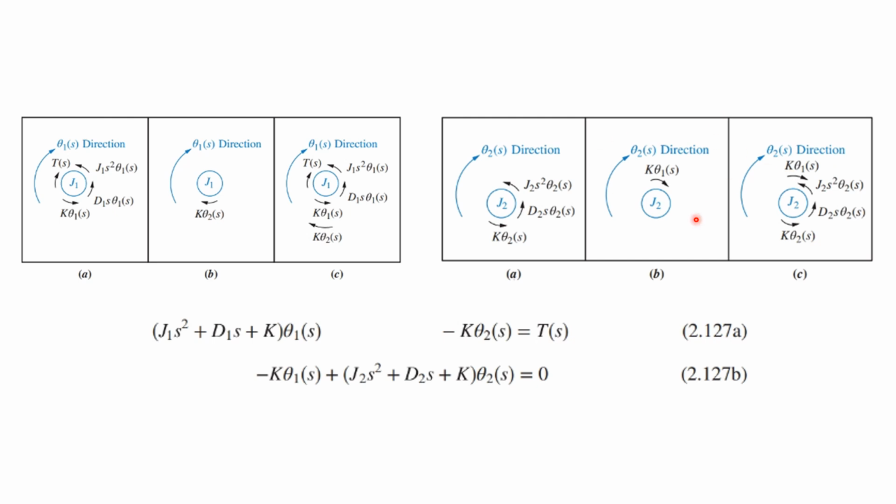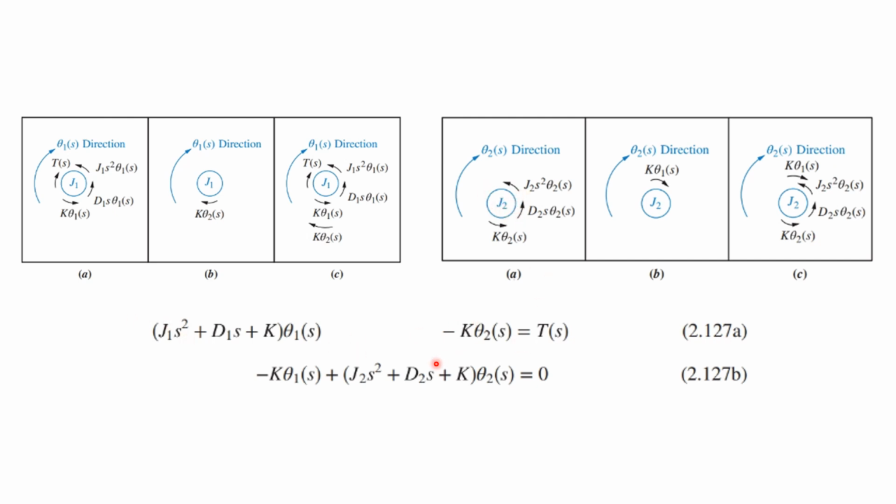Now from this diagram, we can write minus K theta 1, similar to the mechanical and electrical systems we showed before, where this term gets repeated, except that we replace theta 2 by theta 1. Plus we have J2 S squared plus D2 S plus K times theta 2. In this case, this equals 0 because the torque doesn't act on J2.